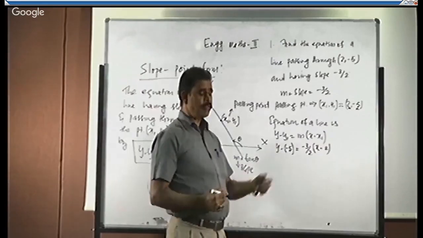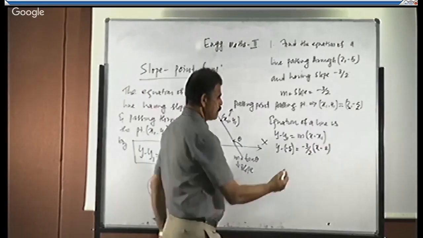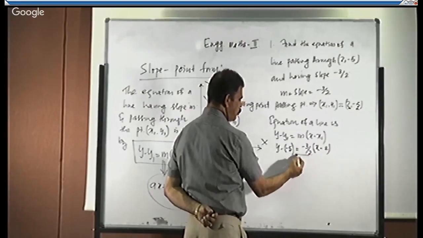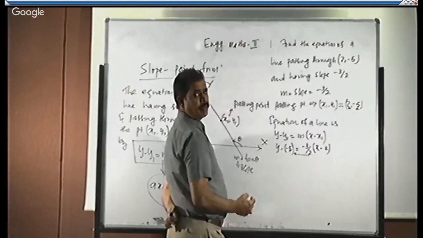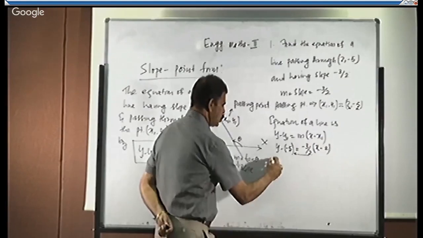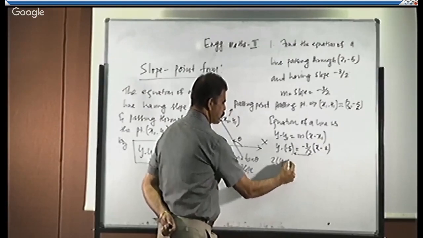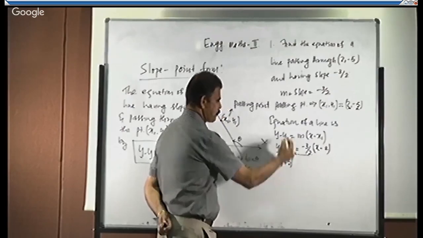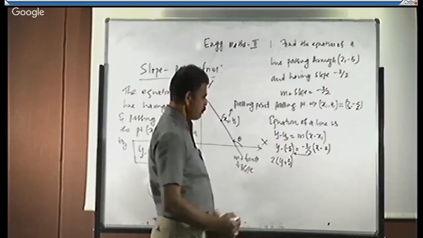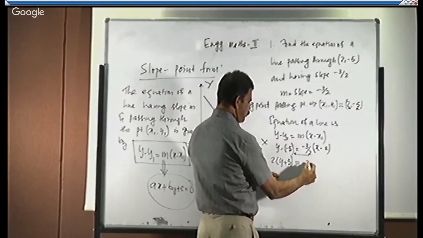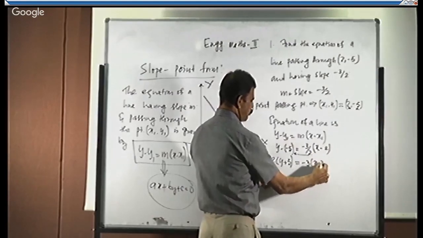Now we have to simplify it. How to simplify it? See the right side. We have a 2 in the denominator. You just cross multiply to the left side. 2 into y, minus into minus is plus, so 2 into y plus 5 is equal to what is remaining, minus 3 into x minus 2.